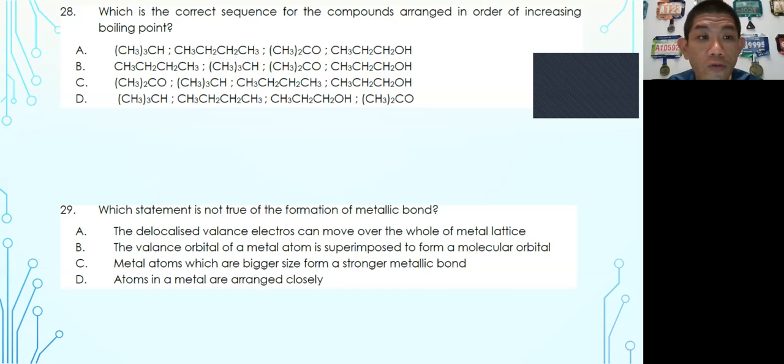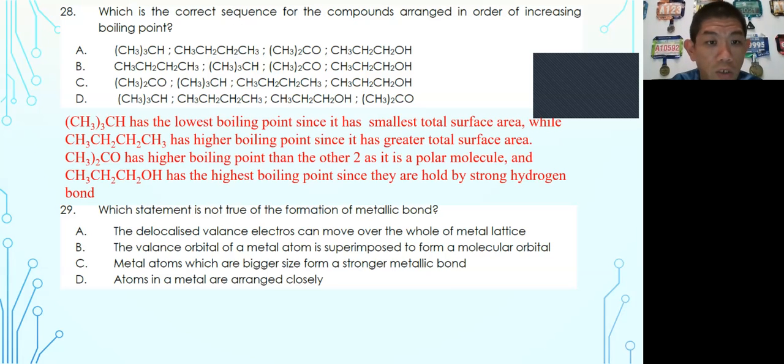Okay, then we move on to number 28. Which is the correct sequence of the compounds arranged in order of increasing boiling point? This one is a little bit complicated because you have to understand three things, which are non-polar molecule, polar molecule, and even hydrogen bond. So in here, for your information, the branched alkane has the lowest boiling point since it has the smallest total surface area because it has more branches.